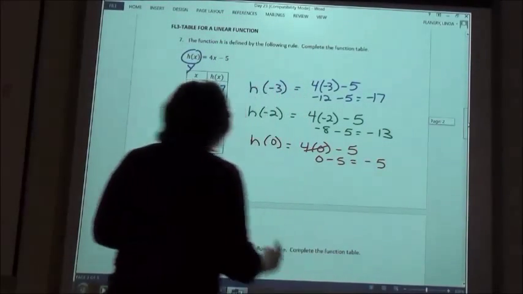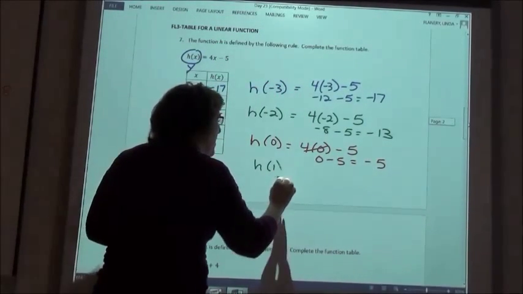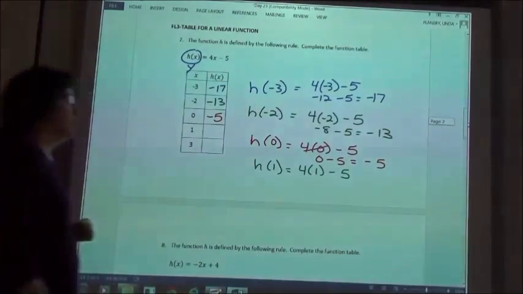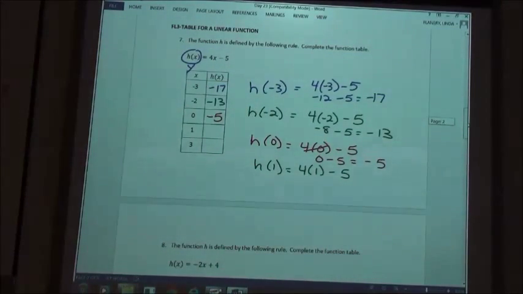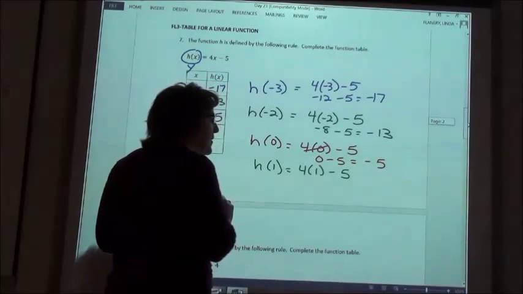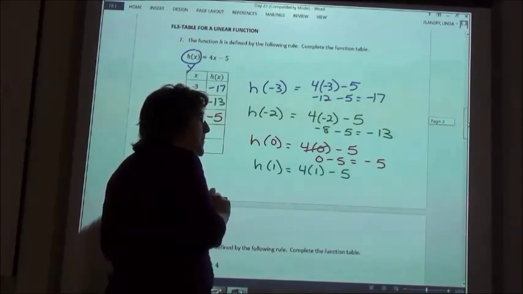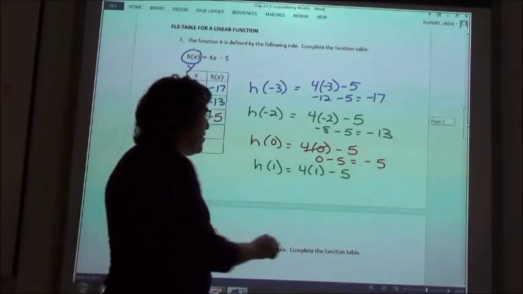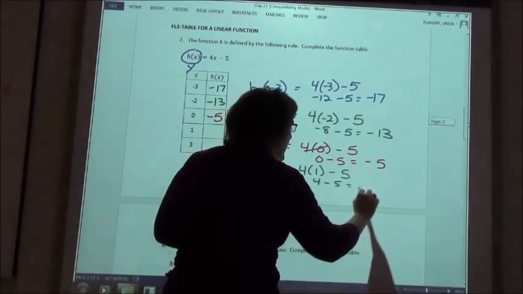And then we get to do the next one, which says to do h of 1. So 4 times 1 minus 5. 4 times 1 minus 5 would give me -1. 4 minus 5 is -1.